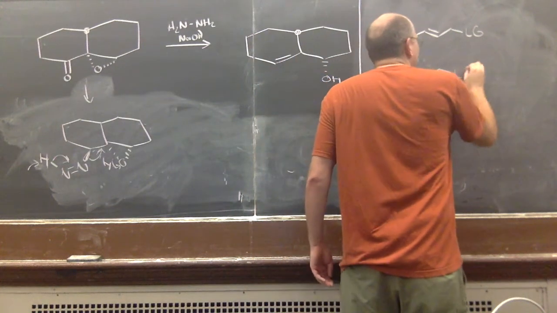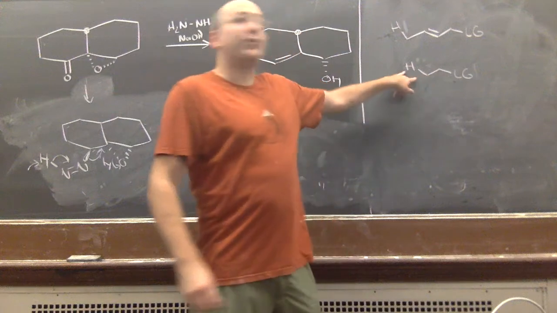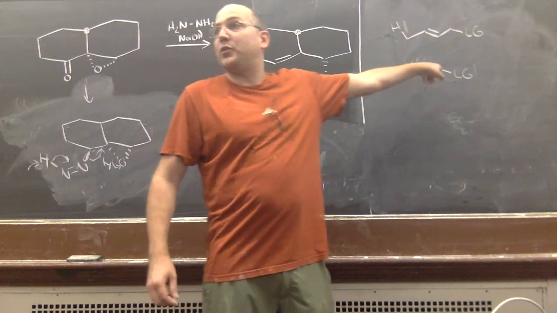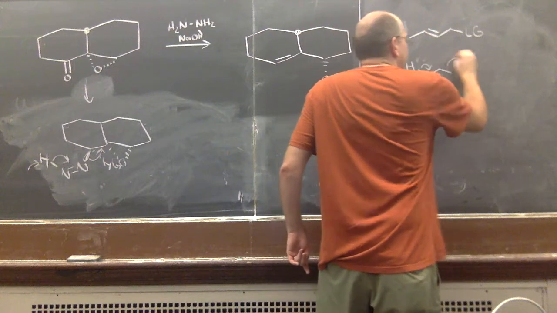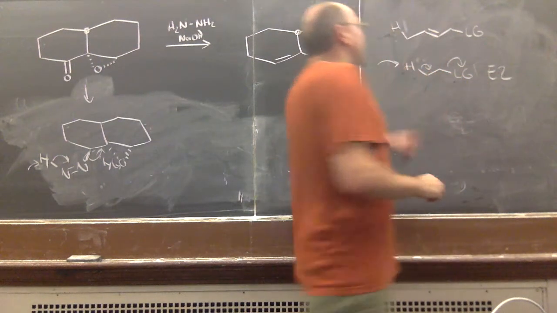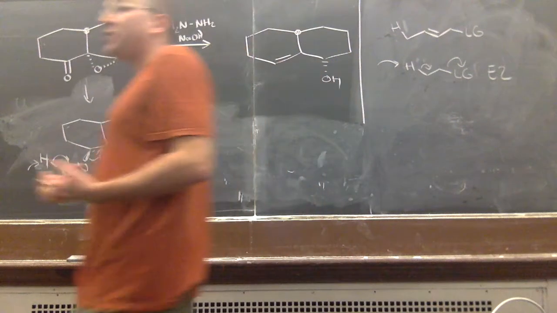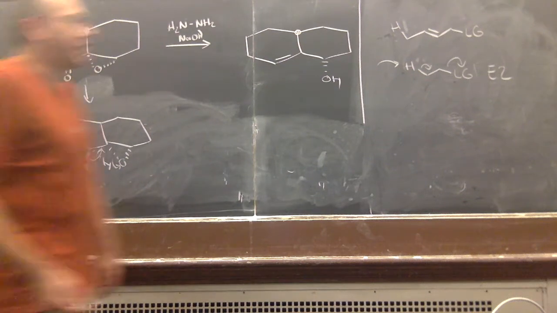So normally we're used to elimination chemistry where the leaving group is right next to the proton. Basically, there's two carbons in between, right? So this would be an E2 elimination. If you have the same situation, but you're separated by an alkene, which is ultimately what this ends up being, you could break it down step by step. You could show the mechanism, put the negative charge there, and then have the negative charge open it up, and that's probably what I would expect to see.